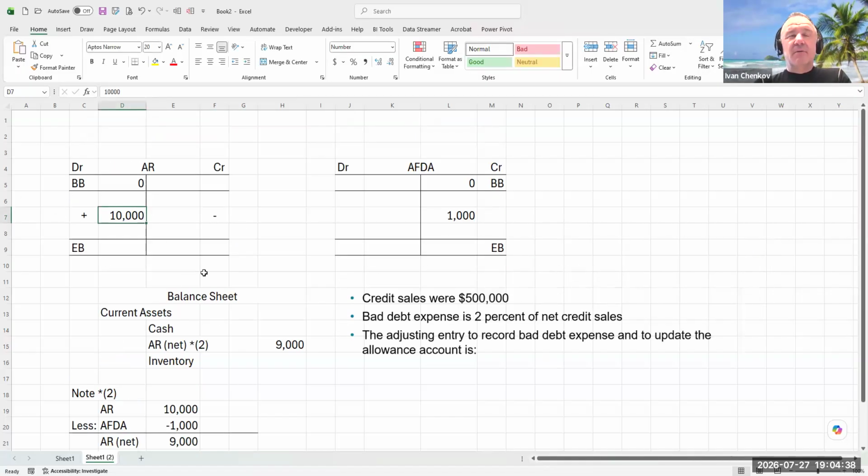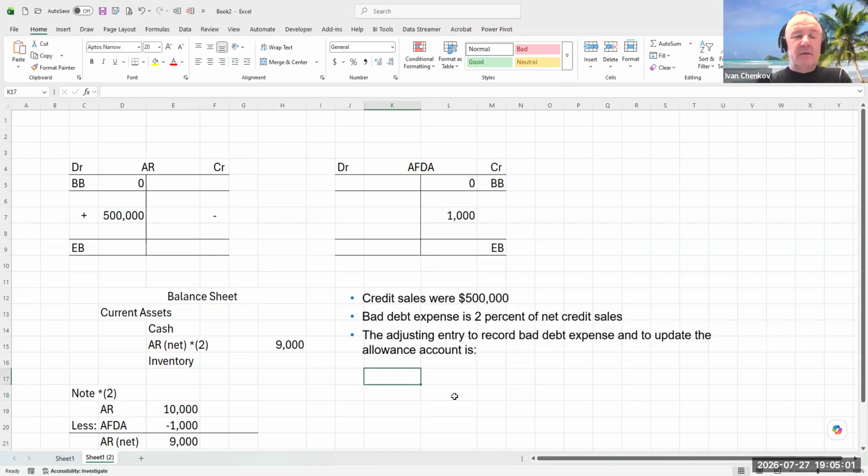So what are we going to do? Accounts receivable, credit sales, beginning balance. Let's say the beginning balance is 0. 500,000 is the credit sales, and we're estimating that 2% of those will be uncollectible. So we have to record the journal entry for bad debt.